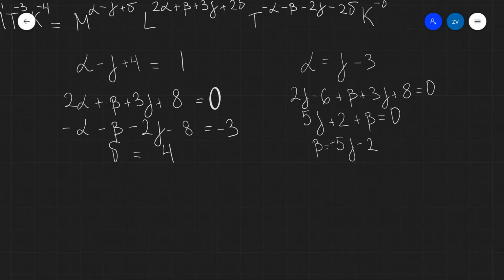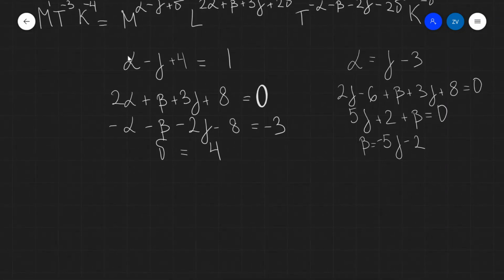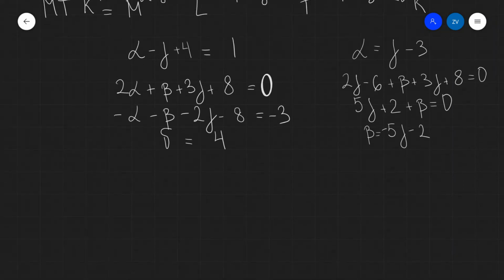Now I'm ready to substitute an expression for both alpha and beta into this third equation. This will enable me to find the actual value of gamma. I know that alpha is gamma minus 3. I know that beta is minus 5 gamma minus 2. So let's do this. Okay, so focusing on the third equation over here, which I'm going to rewrite at the bottom.